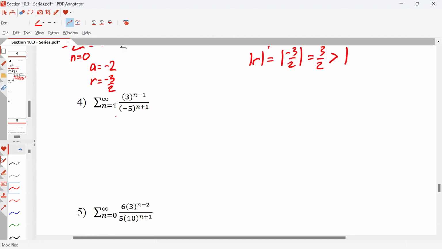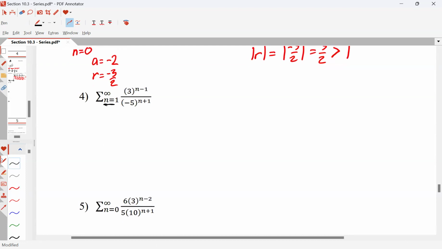Next example. I'm going to use this example to show what we're looking for and how we can keep rewriting, but it's actually a little bit easier to recognize that I'm going to plug my lower bound in. So a sub 1 equals 3 to the n minus 1, 3 to the 1 minus 1 over -5 to the 1 plus 1. 3 to the 0 is 1. -5 squared is 25.